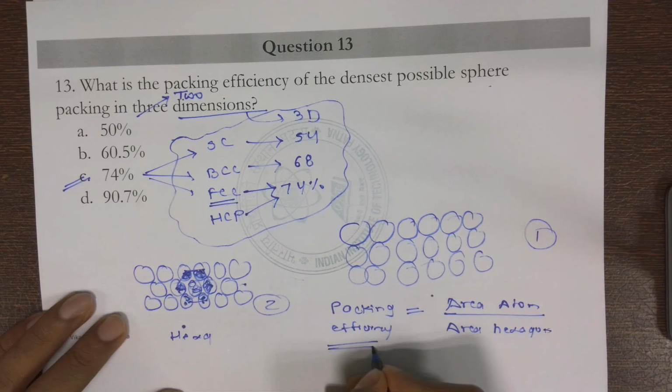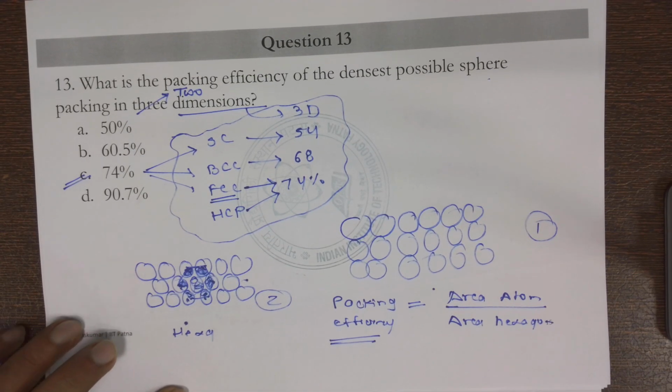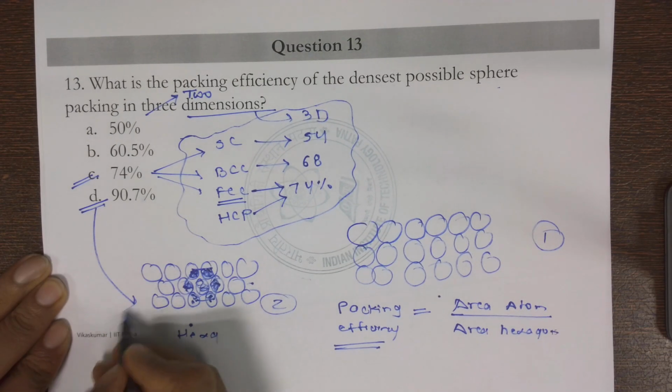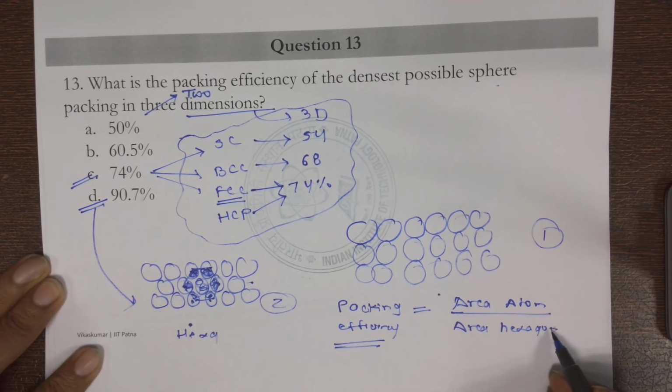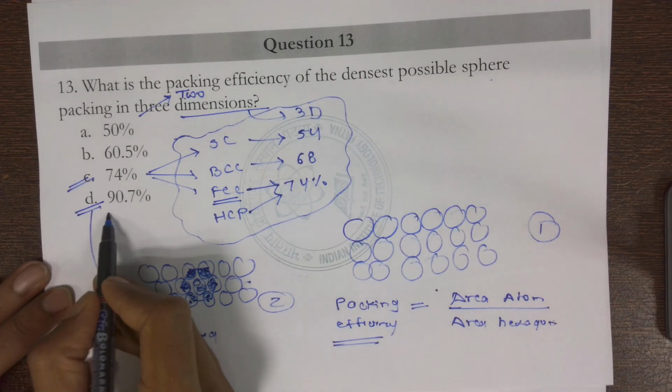This is known as the packing efficiency. Omkar has told that the right answer is 90.7, and that's right. So this is what we have got. Once we do this, it is very easy geometrical mathematics, and we'll get the answer to be 90.7.